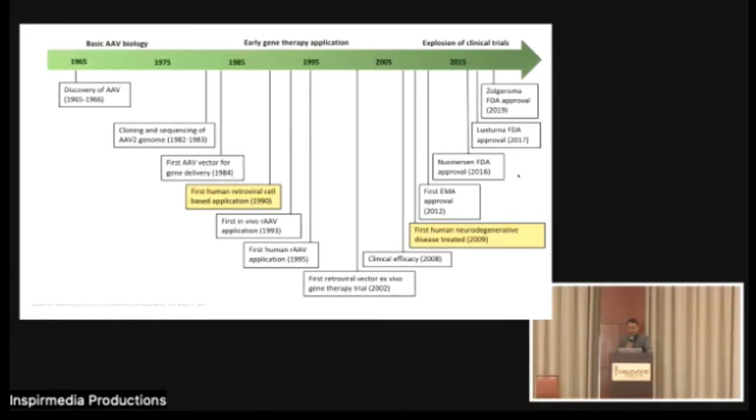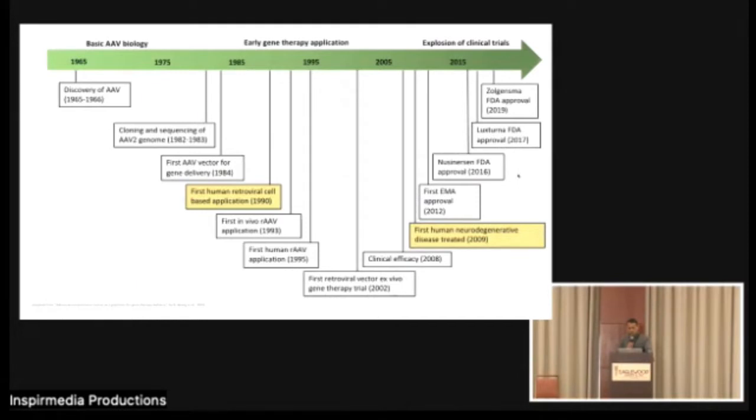And it was then in 2009 that the first human neurodegenerative disease was treated with a lentiviral vector. And that happened to be experiments by Patrick Aubourg, Nathalie Cartier, on whose shoulders we're standing today.